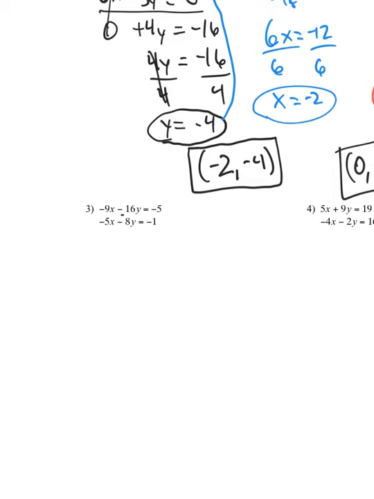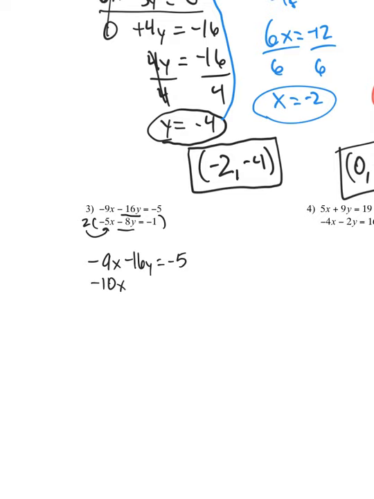Because when I look here, I see that if I multiplied this bottom equation by 2, that -8y would become a -16y, and my y's would have the same terms. So I'm going to do that. Guys, I'm not going to change that top equation, so let me rewrite that.